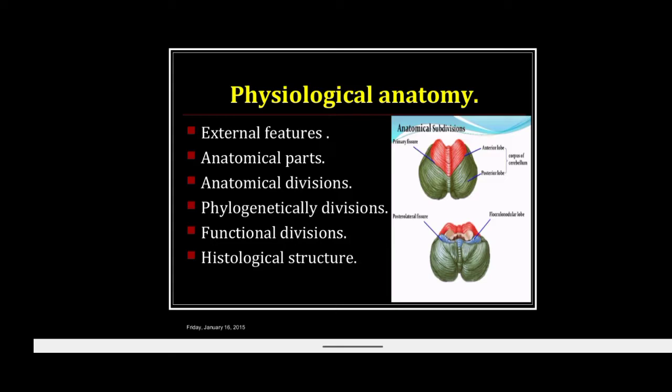Cerebellum is divided into three categories. First is by anatomical division. Second, cerebellum is divided in order of evolutionary sequence, that is phylogenetic division, and third division is according to function.